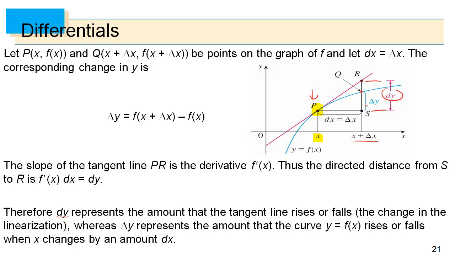That's just showing you how much the function has changed. Well, dy is how much the linear approximation has changed, and you can see quite clearly from the picture that there is in fact a difference between the two. That distance right there is your error. Call it E. That's the difference between the dy and the delta y.